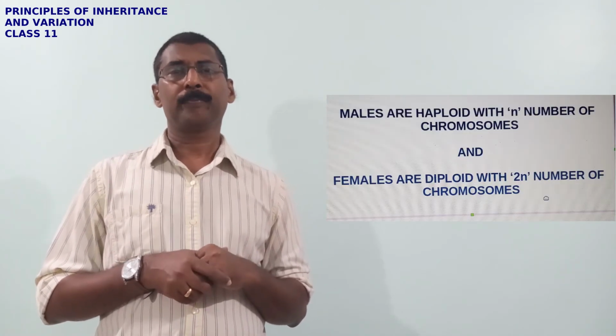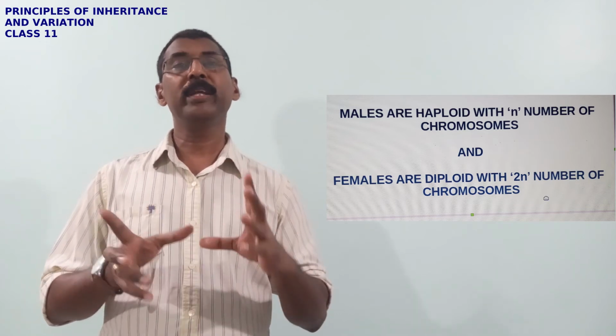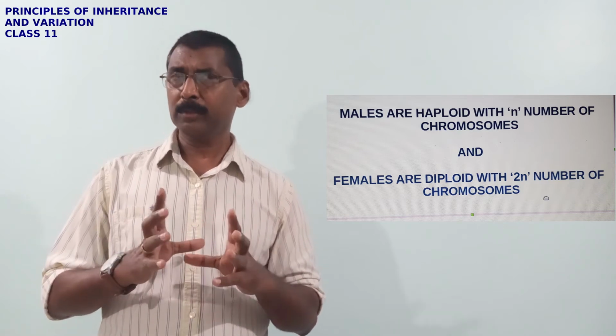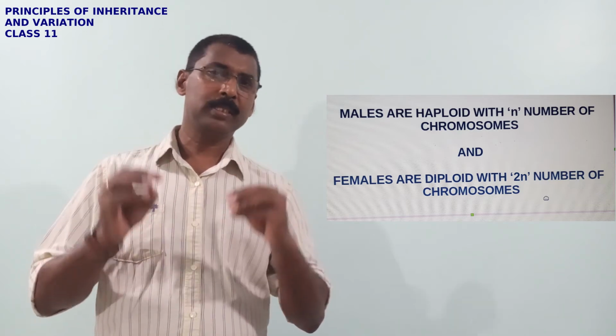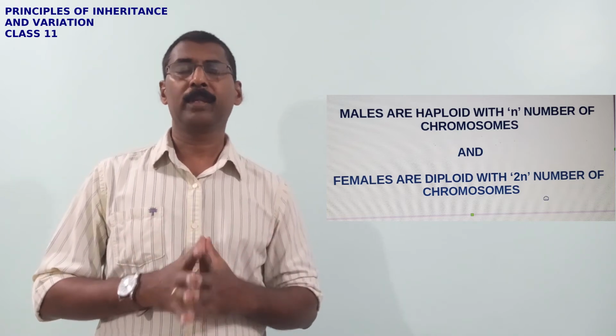Here, the male individuals are haploid individuals. What do you mean haploid individuals? Every cell in the body is haploid.